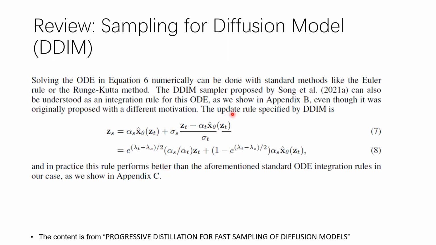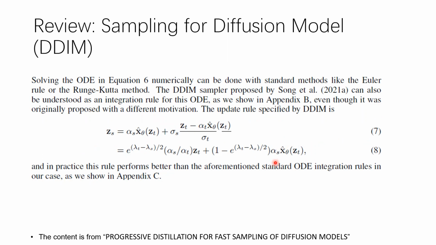But they proposed this DDIM sampler, and it can be understood as an integration rule for this ODE, even though it was originally proposed with a different motivation. And this is the DDIM rule for the update.